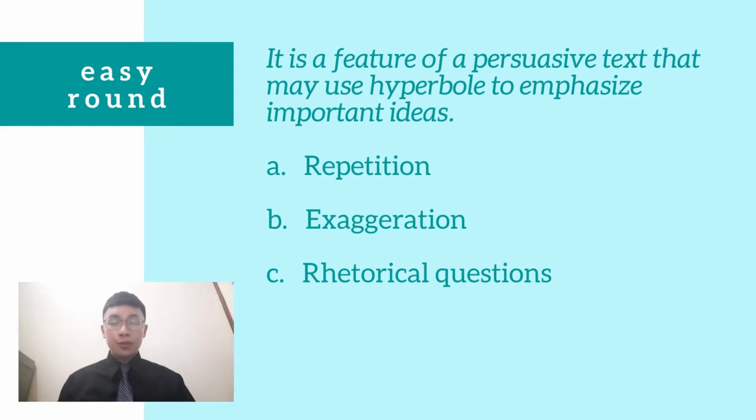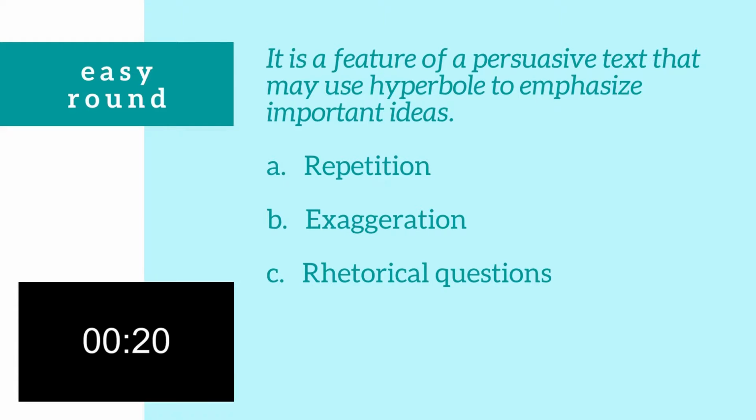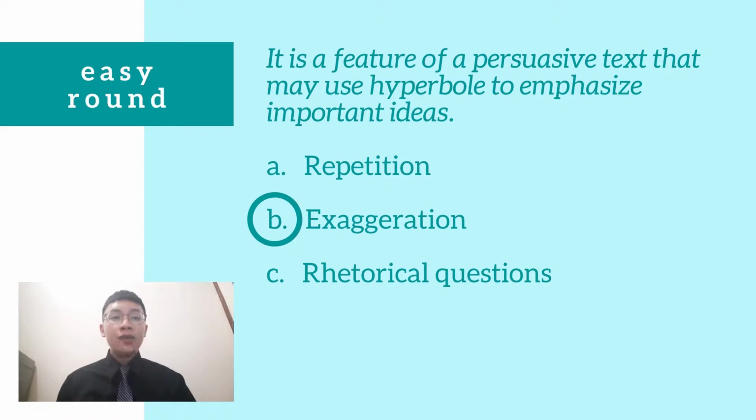Question number 2. It is a feature of a persuasive text that may use hyperbole to emphasize important ideas. A. Repetition. B. Exaggeration. Or C. Rhetorical questions. The correct answer is letter B, exaggeration.